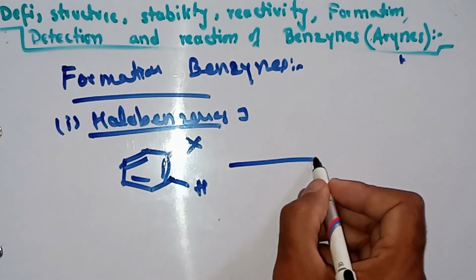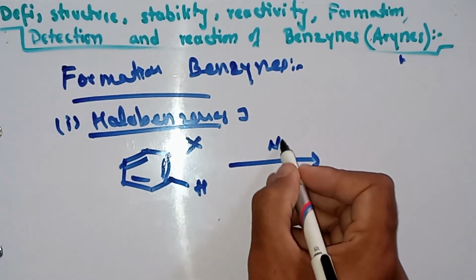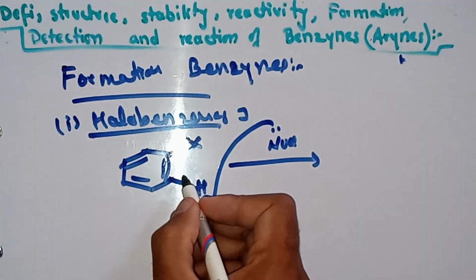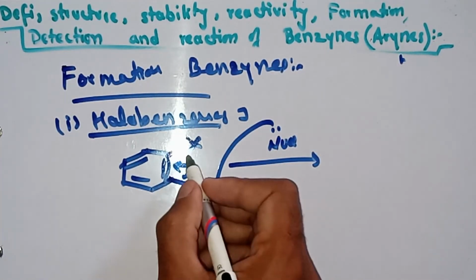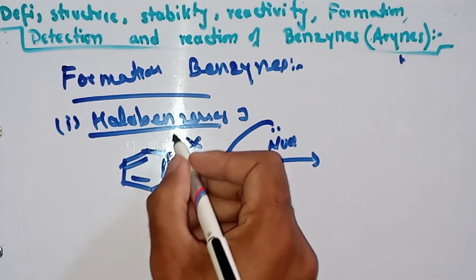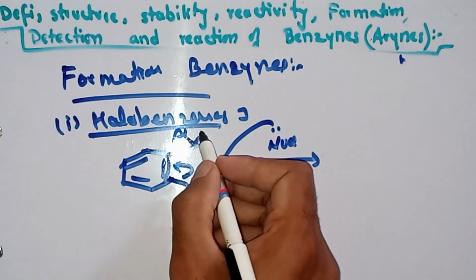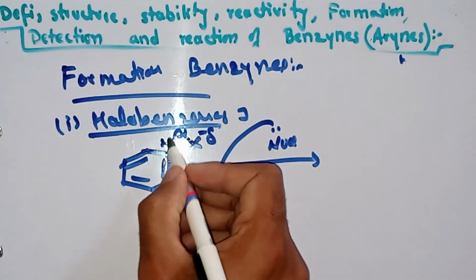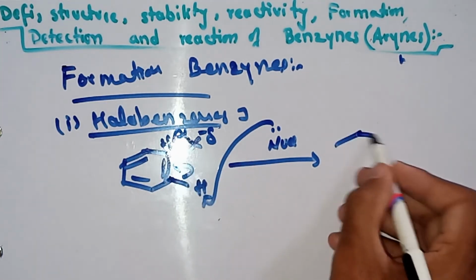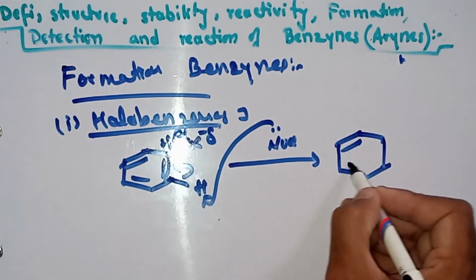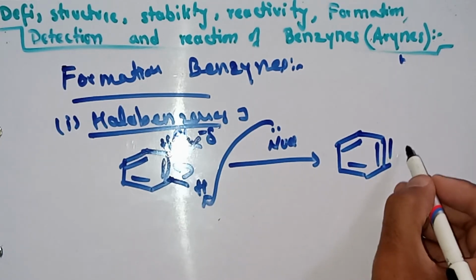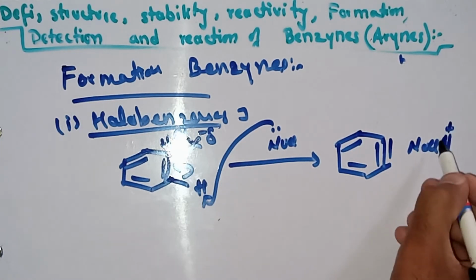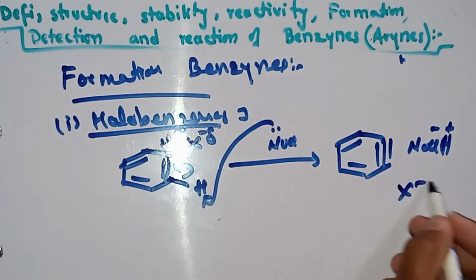So in a reaction, if there is any nucleophile that attacks this hydrogen, the double bond will shift to a triple bond here, and the halogen will be removed easily. Because halogen has a partial negative charge, high electronegativity, and this carbon has a partial positive charge, the halogen will be removed and benzyne will be formed, plus the nucleophile H, and X will be removed.